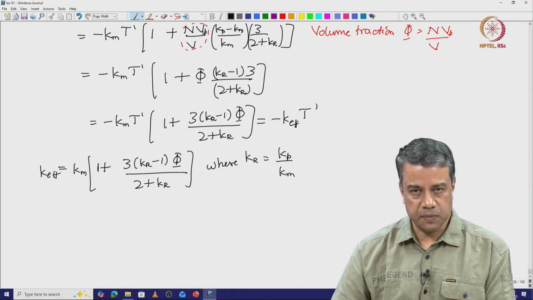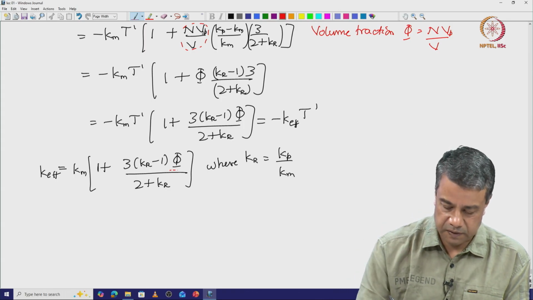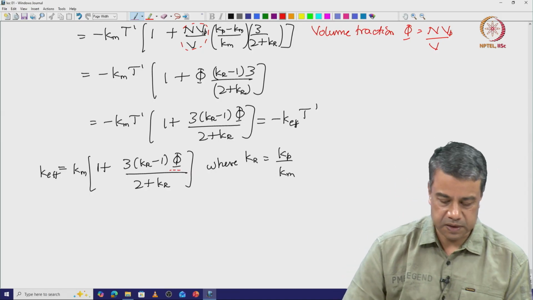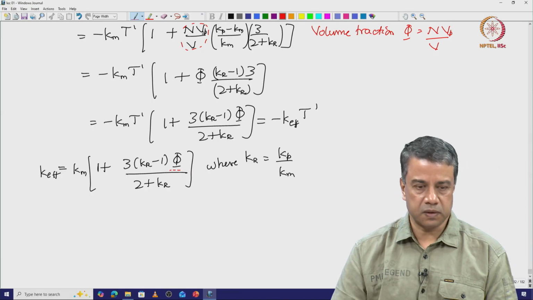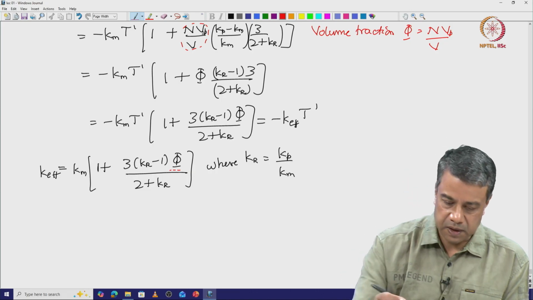The correction to the thermal conductivity due to the presence of particles is proportional to the volume fraction in this limit. It is also proportional to Kr minus 1.